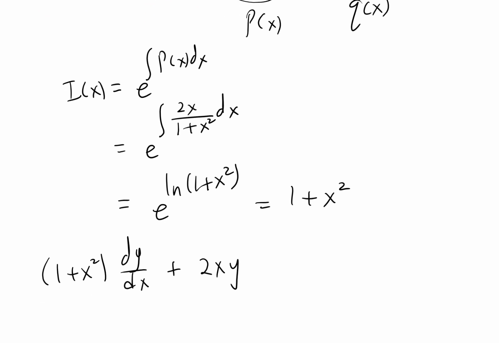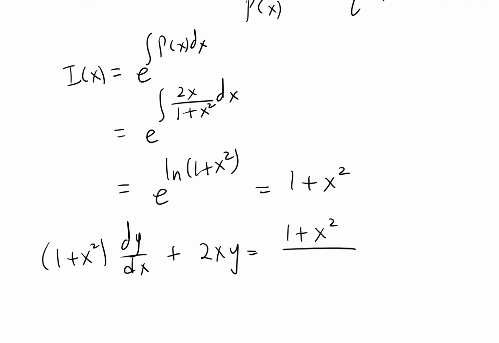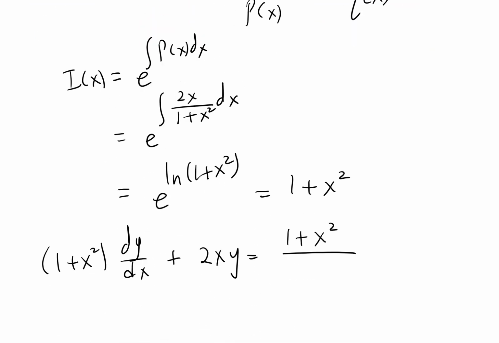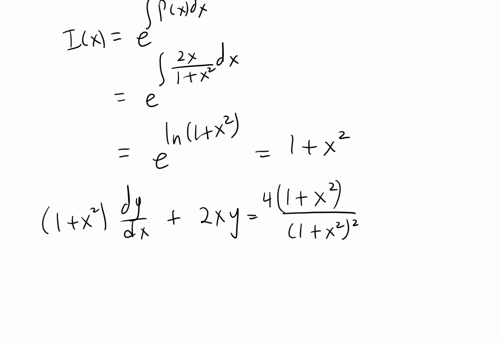So 2xy equals 1 plus x squared over, and there's a 4 there, 1 plus x squared squared. So this cancels this.